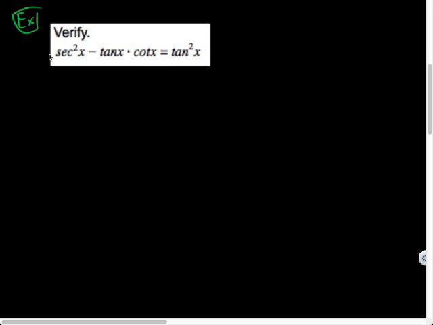So let's see. In this case, I've got secant squared x minus tan x times cotan x is equal to tan squared x. Now, I'm realizing that I can do some work with these two right there, because tan x and cotan x are reciprocals of one another. So the first thing I'm going to do is use a reciprocal identity. I think I can rewrite cotan x.